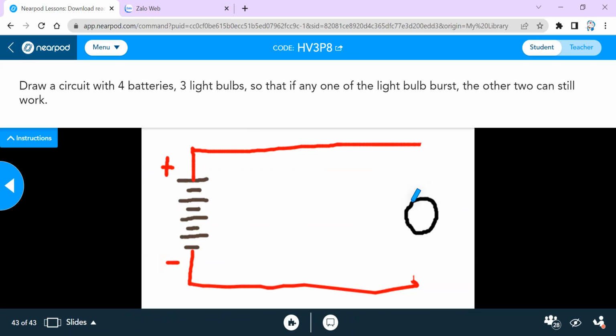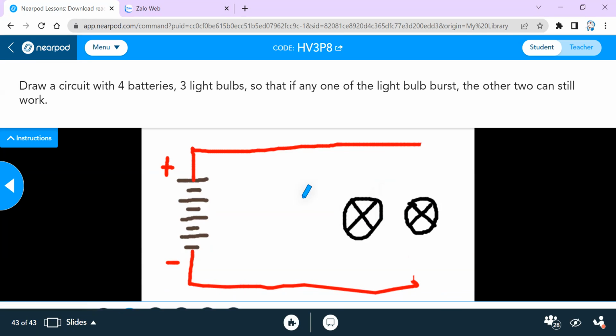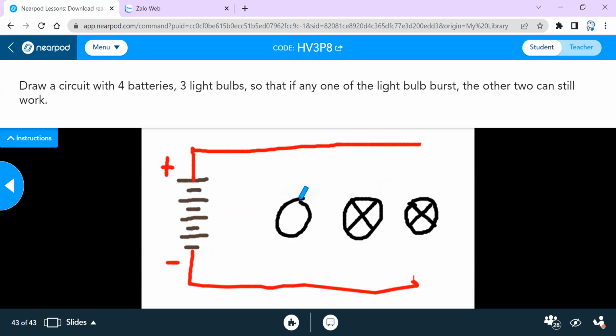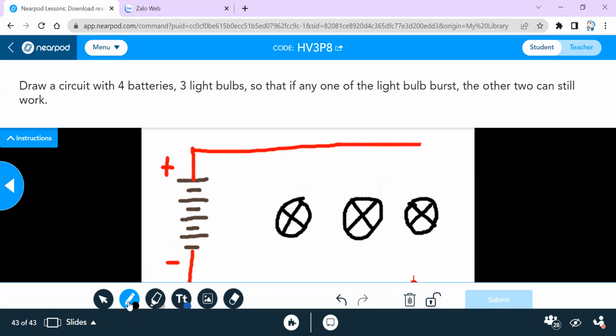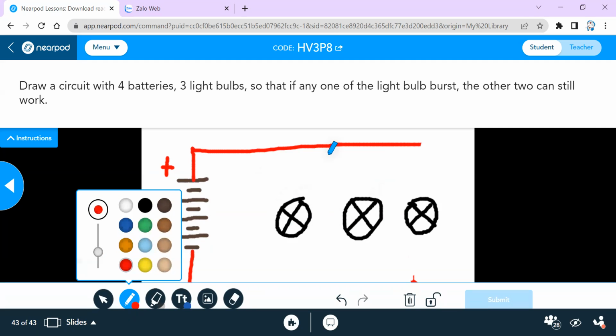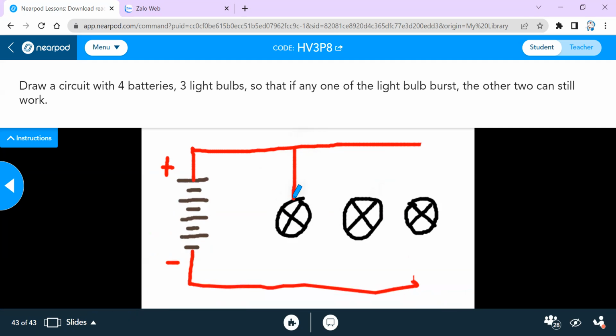To draw a circuit diagram, we use a circle and a cross to represent the light bulb. As mentioned, I have 3 light bulbs, 4 batteries. Now let me close the circuit. I have 1. I have 2. I have 3.